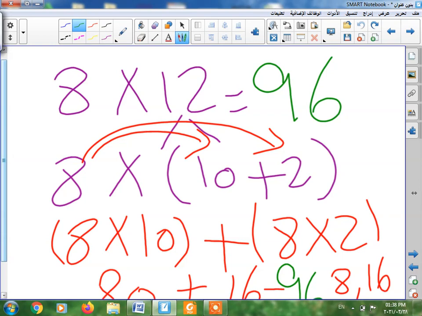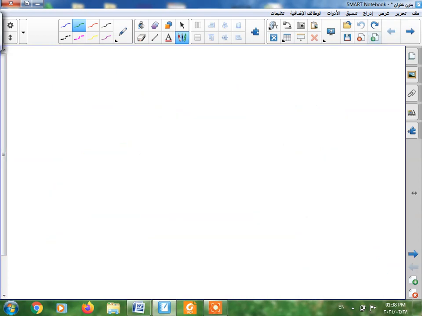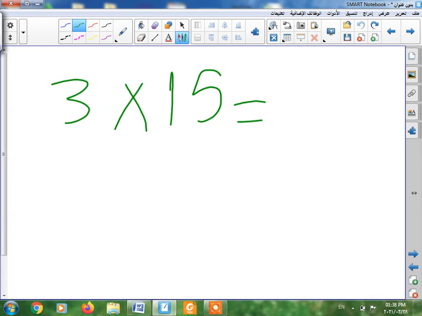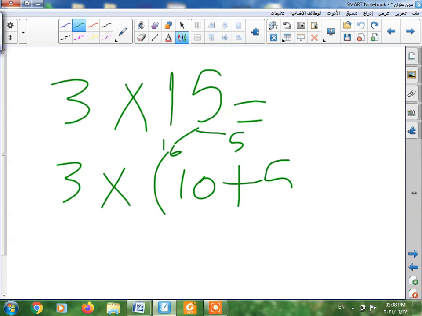We say another problem. 3 times 15. Write 15 equals 10 and 5. Then write 10 plus 5. How do we distribute multiplication over addition?